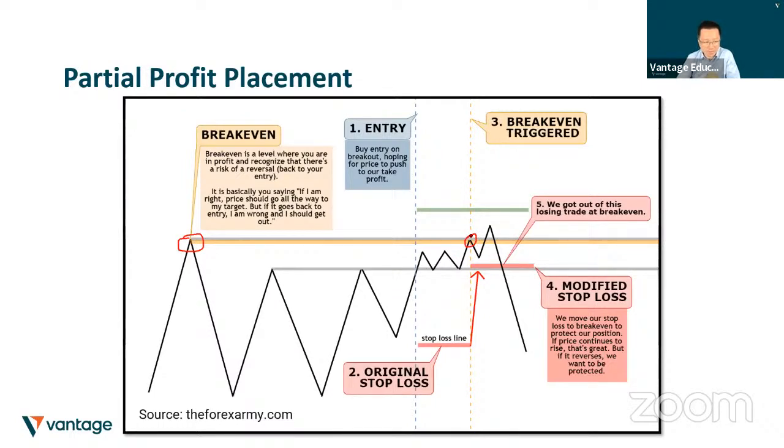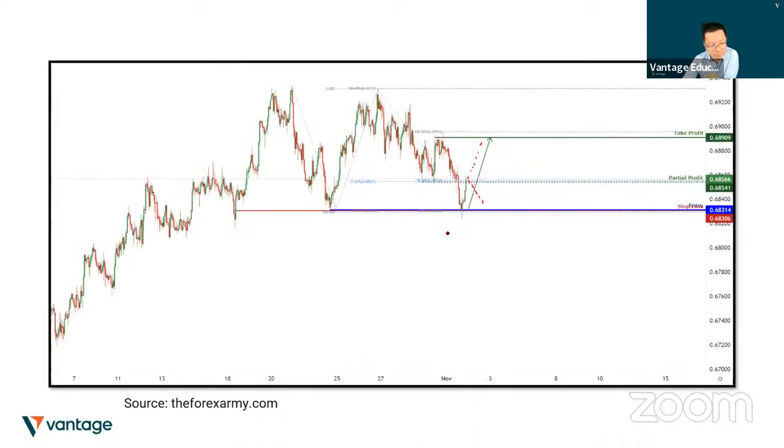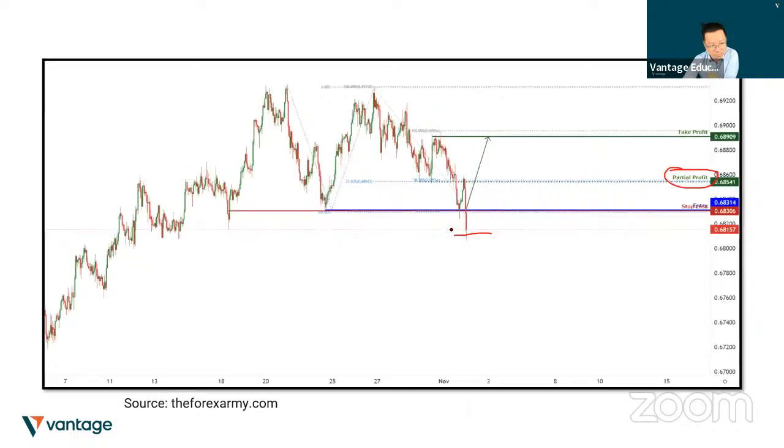You're not sure whether price is going to break towards the upside or turn back down again. So you're going to start thinking about that point, on whether you're going to move the stop loss higher, or close out part of that trade.